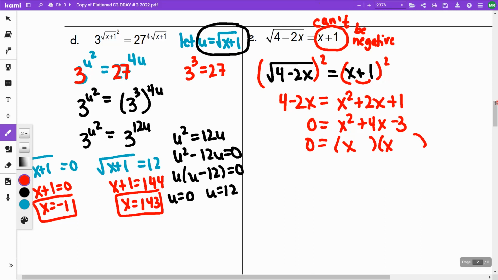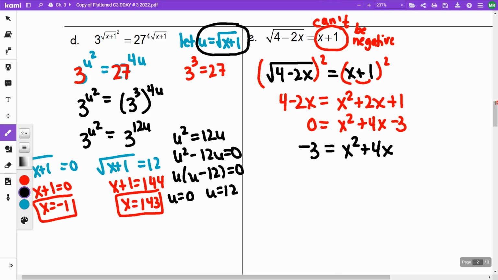So it's just a 3 and a 1. So that is not going to work to factor. So what I'm going to do, I am going to complete the square. That's what I'm going to do. So I am going to subtract 3 from both sides.